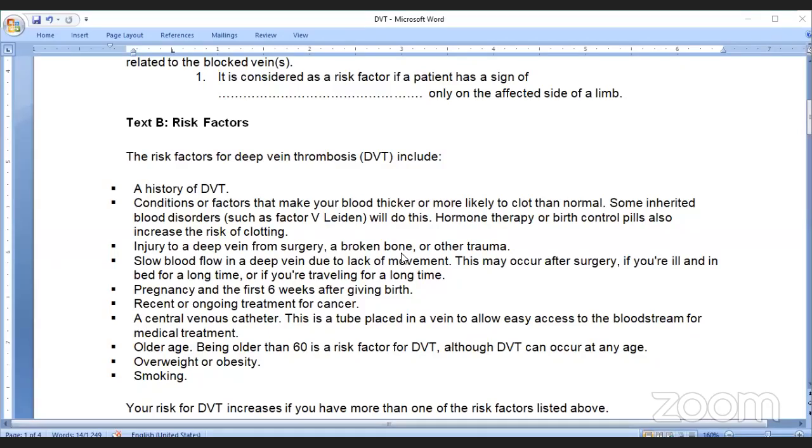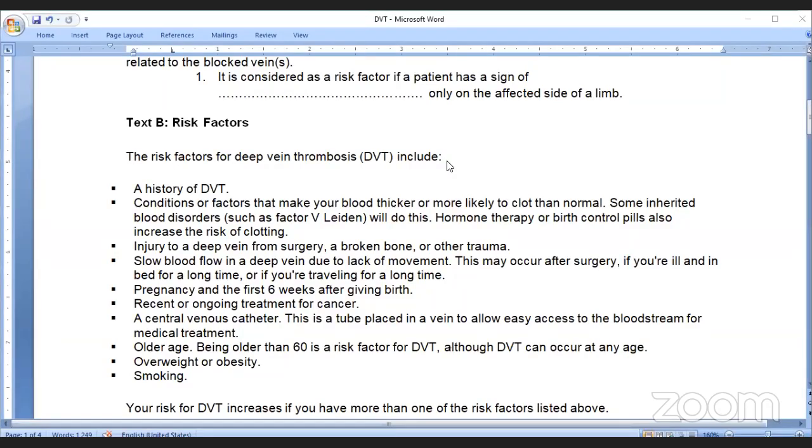Lack of movement is lack of movement of the leg, one leg. Please try to understand, it is only the words only on the affected side of a limb. So lack of movement can be anywhere, I mean the whole body. So I think we should go for any other text.